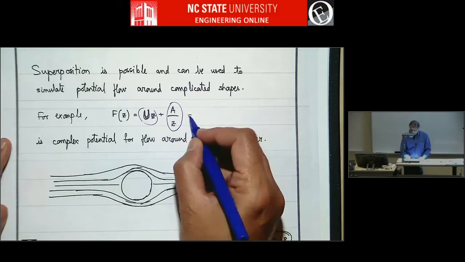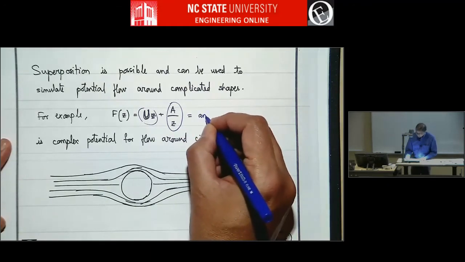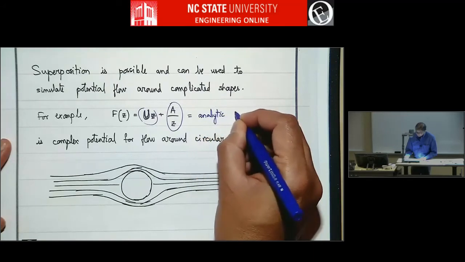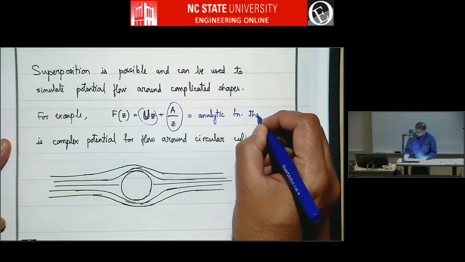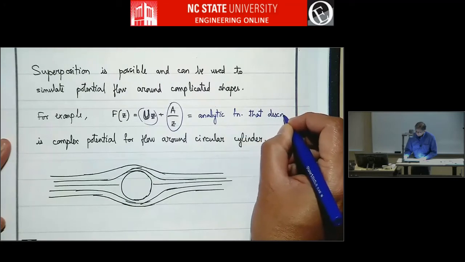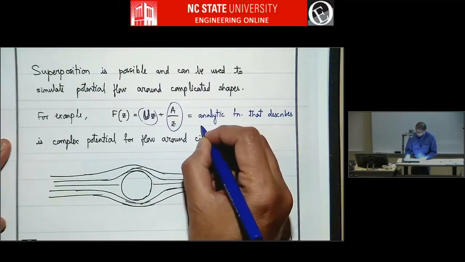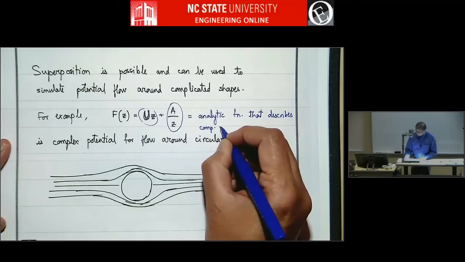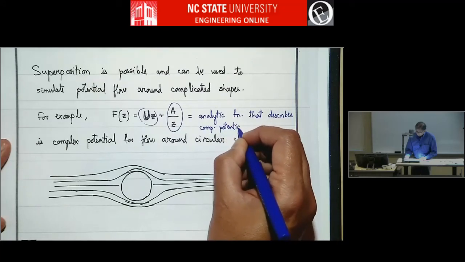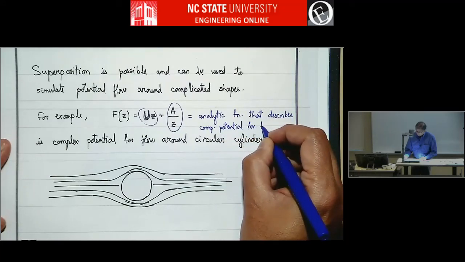So this is the analytic function that describes the complex potential for flow past a cylinder.